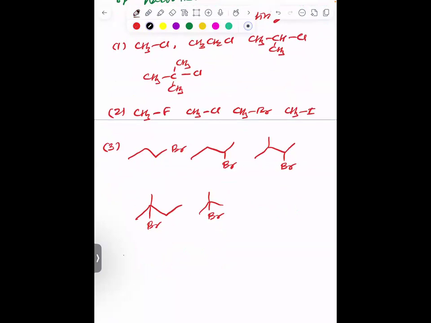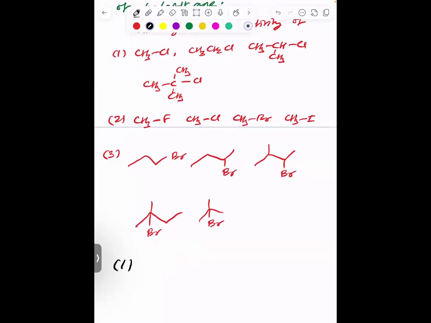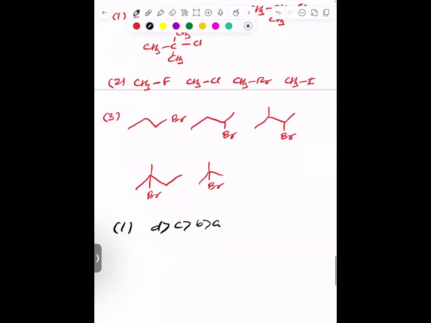So question number 1, I am going to write the answer first. This is D, C, B, A in the decreasing order.